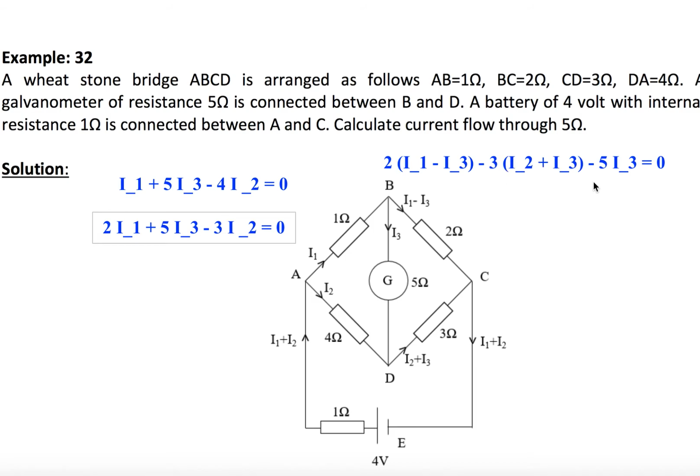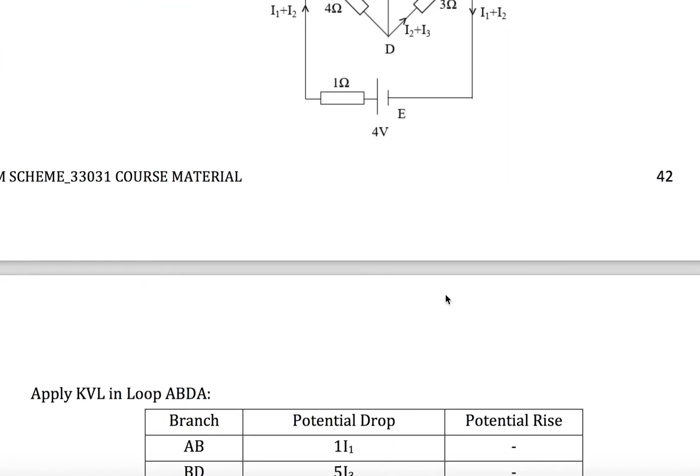Minus 2 minus 3 minus 5, minus 10 then. Minus 3I2 minus 2I3 minus 3I3 minus 5I3, minus 10I3. Okay, this is second equation, BCDB.